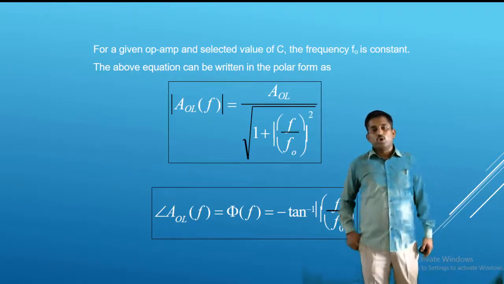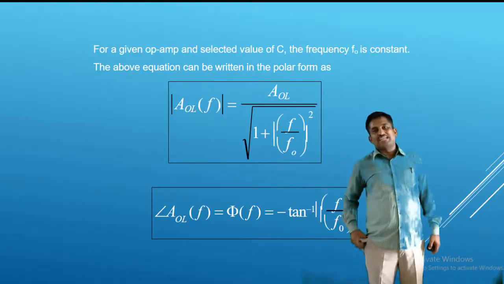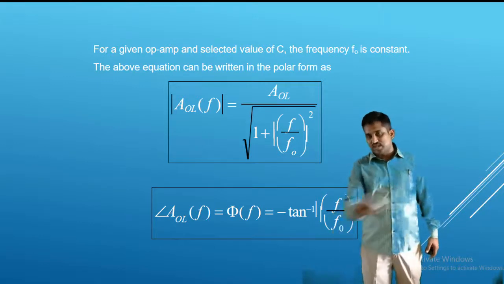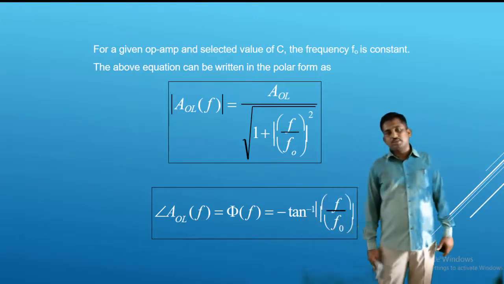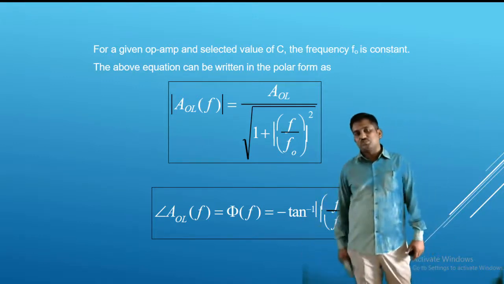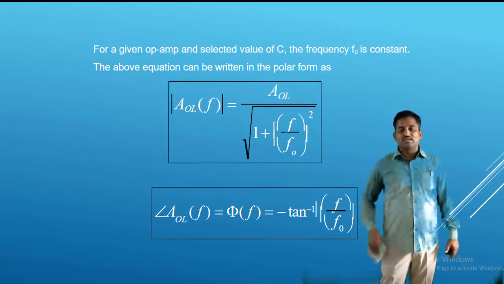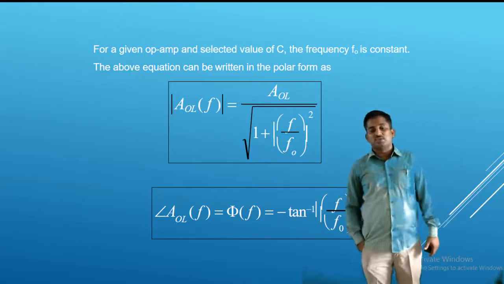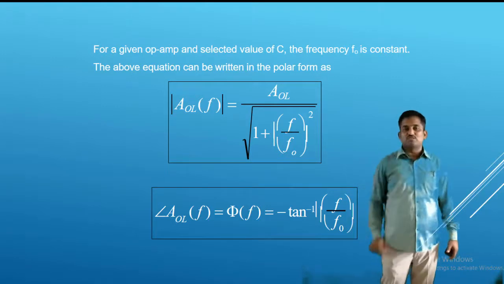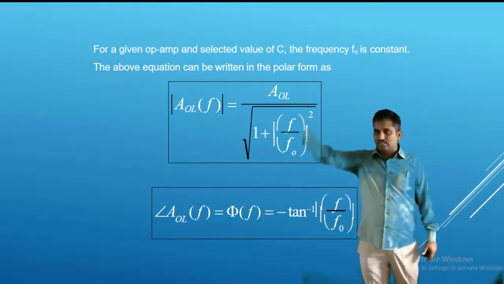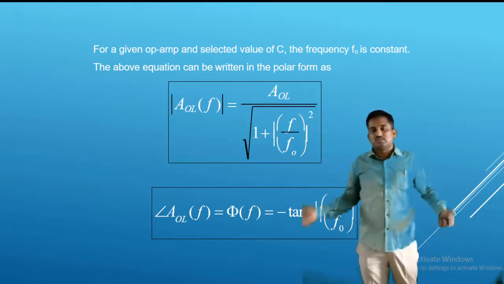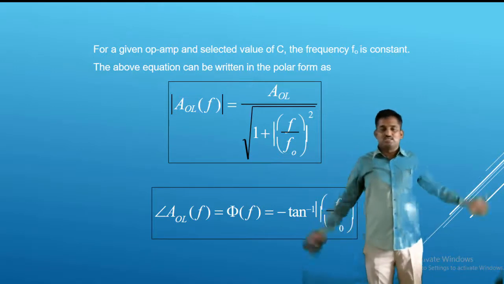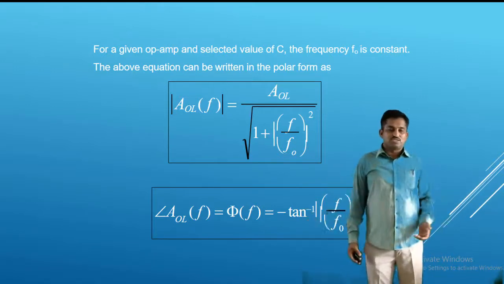If both satisfy their equations, that means the gain is 0 dB as well as the phase angle touches minus 180 degrees, then we will treat that as a marginally stable system. Why I am calling it a marginally stable system is that once we cross those frequencies, obviously the system will oscillate. That means the system will be an unstable system.